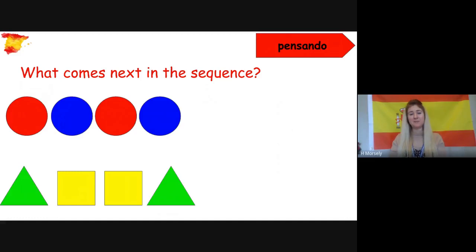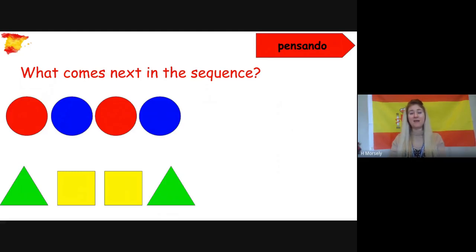Very good work. Have a look at the pattern at the bottom. We've got a green triangle, a yellow square, a green triangle. What comes next? Can you work out the next three shapes in my sequence? Muy bien.